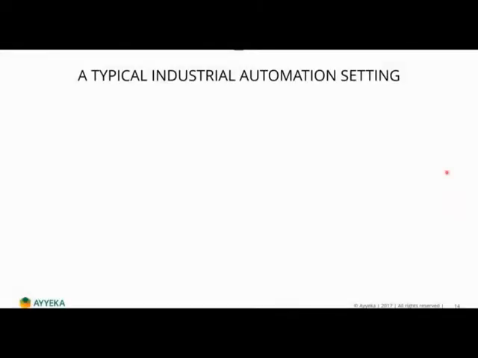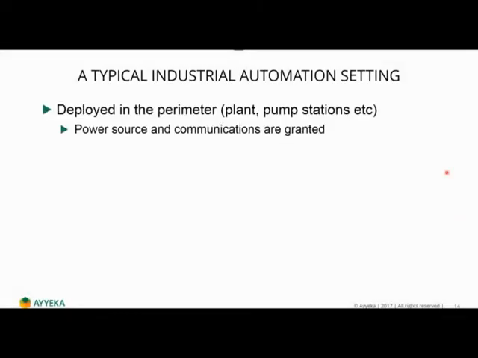So what is a typical industrial automation setting? A typical setting would be deployed in the perimeter, let's say the plant, the pump station, a factory, any site basically that is part of the operation. One of the assumptions is that there is no problem finding a power source and communication lines into the SCADA system and servers.